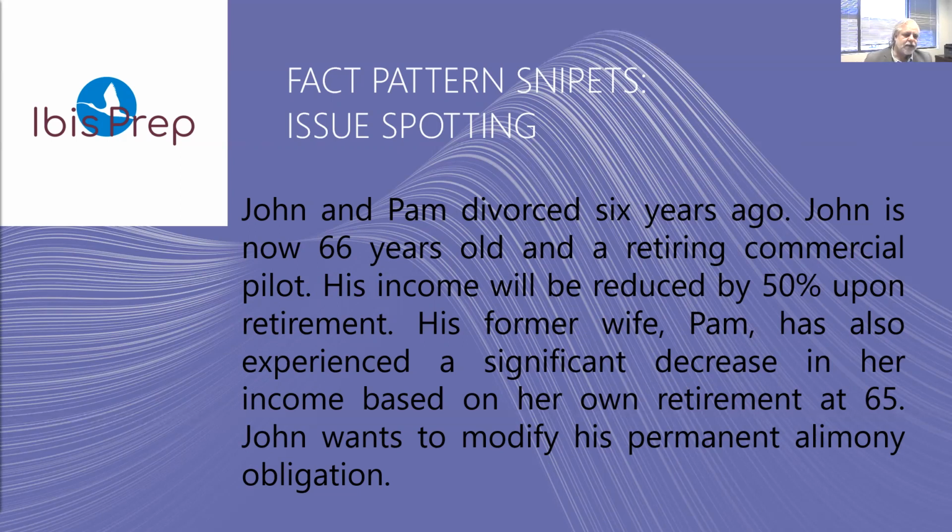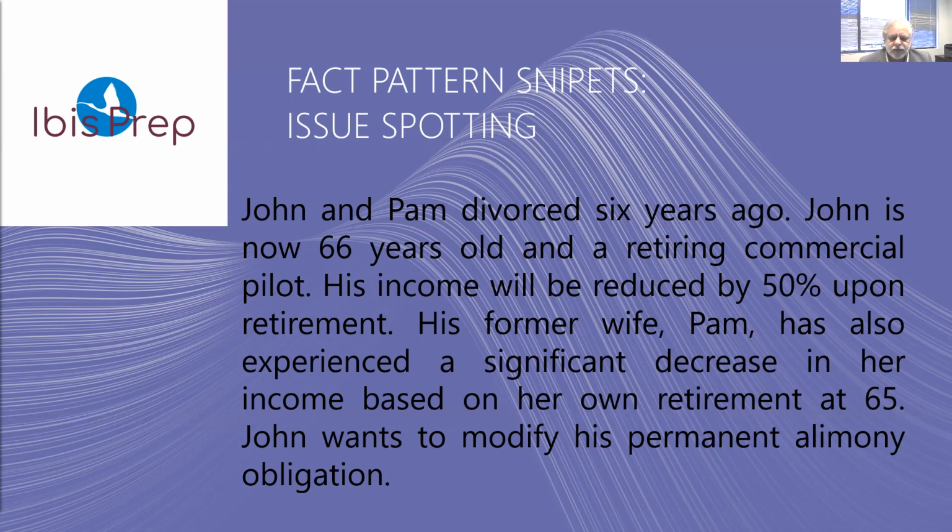John comes to us and says, hey, I have a permanent alimony obligation. I want to modify it. This is our PIMM case. John's reduction in income based on retirement, which I'm certain he was planning ahead on, will get us past a substantial change in circumstances. Once we get to that point, then we are back to need and ability to pay.